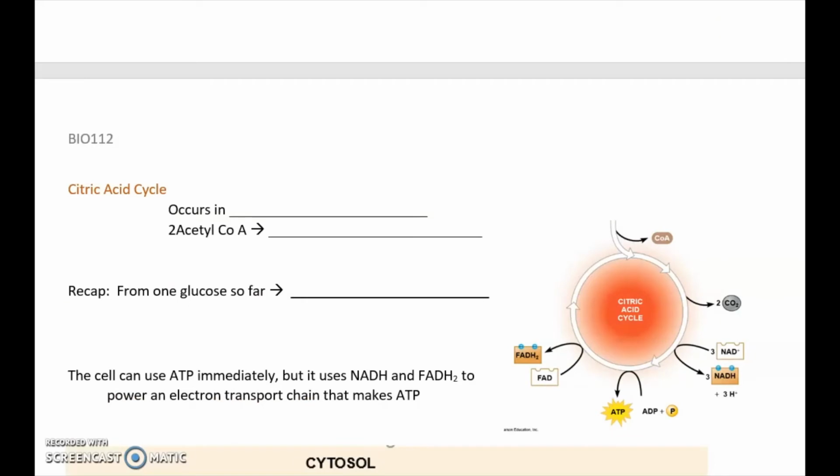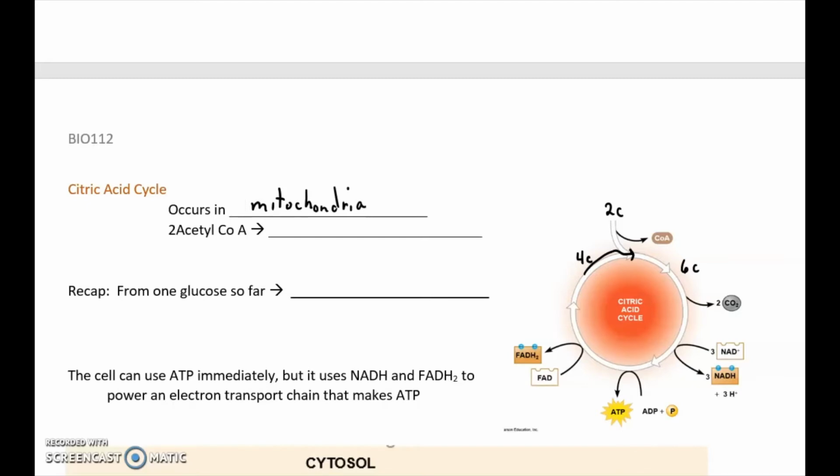So the citric acid cycle occurs in the mitochondria. And it is cyclic. So what happens here is we have a 4-carbon compound that comes in and is joined with the 2-carbon acetyl-CoA to make a 6-carbon compound that starts the cycle.